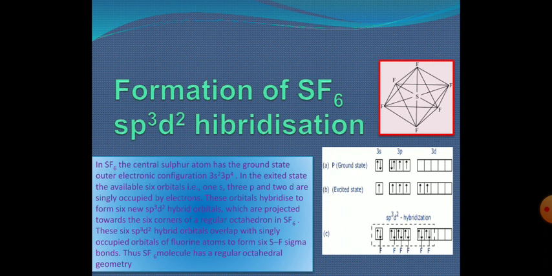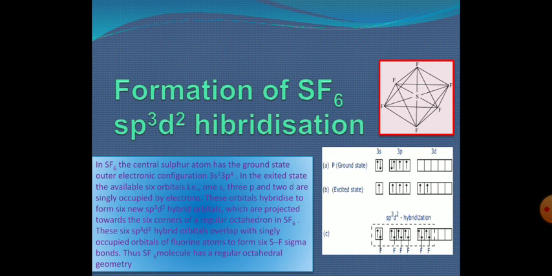of sulfur, the available 6 orbitals, that is one 3s, three 3p and two 3d, are singly occupied by electrons. These orbitals hybridize to form 6 new sp3d2 hybrid orbitals, which are projected towards the 6 corners of a regular octahedron.